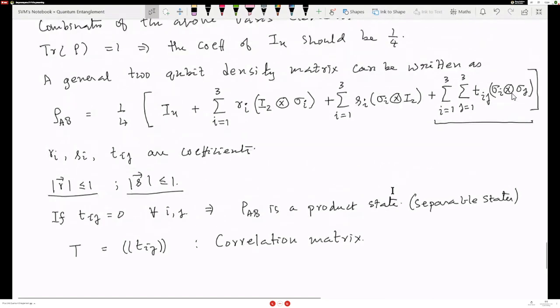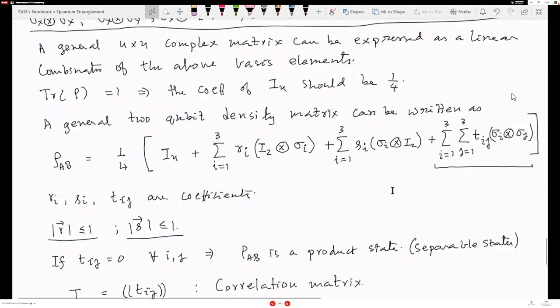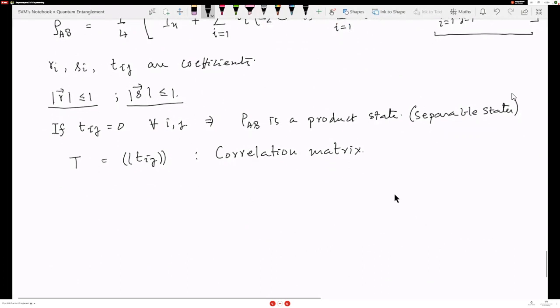Okay. Now we want to ask a question. So the main question is something like this. Suppose a mixed state rho AB is entangled. Or let us put it this way.